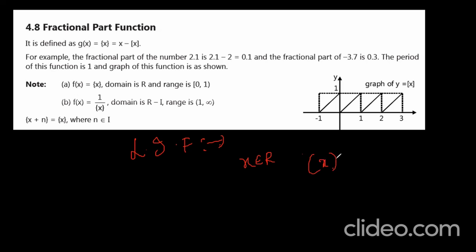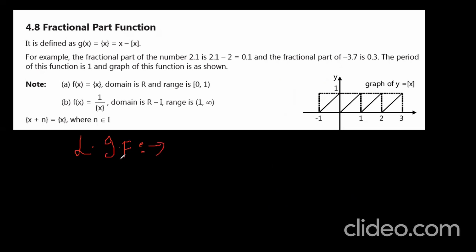This is the least integer function. So I am taking 3.2; its least integer function is going to be 4. You understand? Greatest integer function is 3, least integer function is 4. That is the difference.